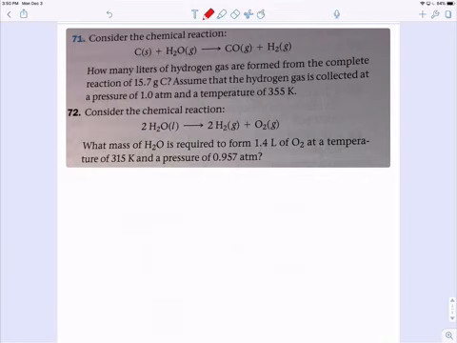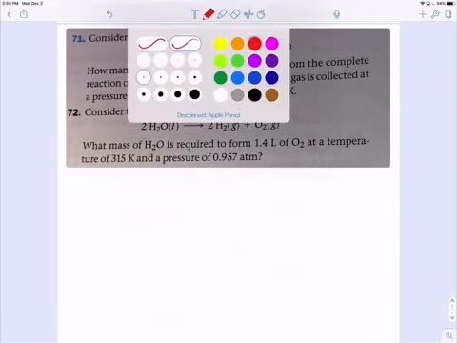So this is bringing stoichiometry into gas laws. So the idea is starting with carbon, figure out how many moles of hydrogen gas there are, then by using the ideal gas law, figure out the volume. So let me do that for you real fast.